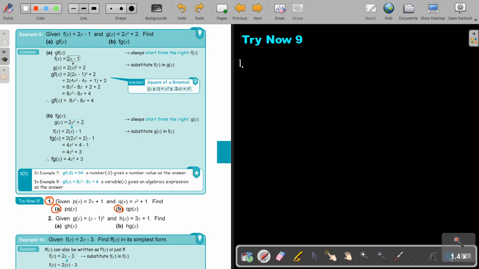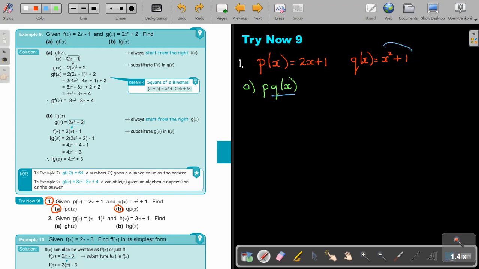Okay, number 1, and I'm first going to write down your functions. It's going to be p(x) = 2x + 1 and q(x) = x squared + 1. And now I'm going to get number A, which is p(q(x)). Now, remember, always from the back. Now, I like to tell learners, go to q first.